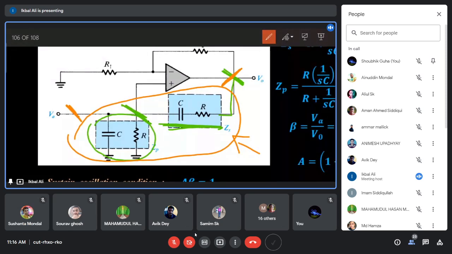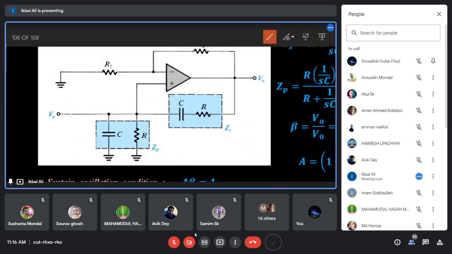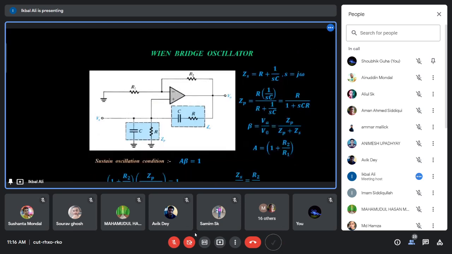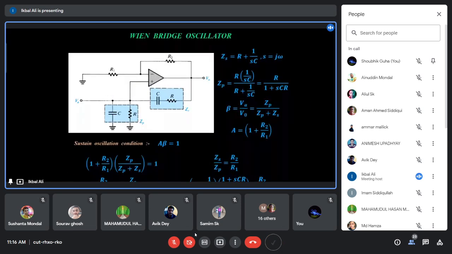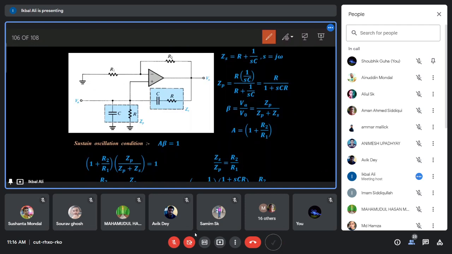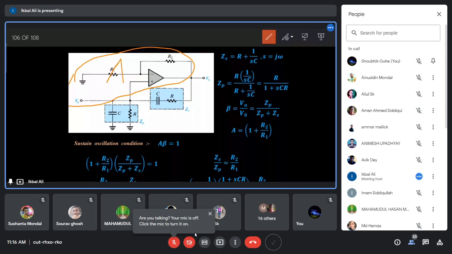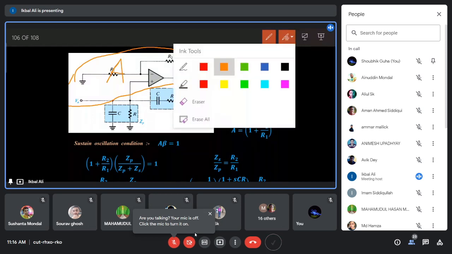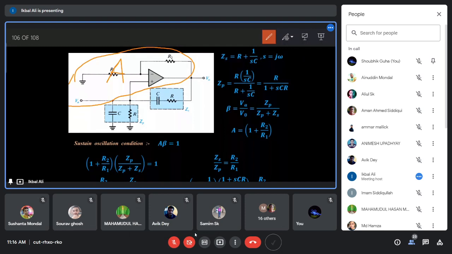The upper part of the circuit is the gain of the amplifier, gain A. You just identify the two sections, A and beta. This part is your amplifier A, and the rest of the circuit is your beta network, which is connected between the output and the input of the amplifier.